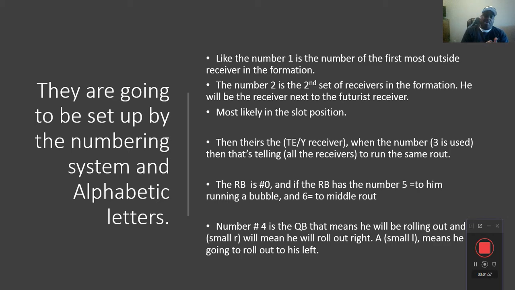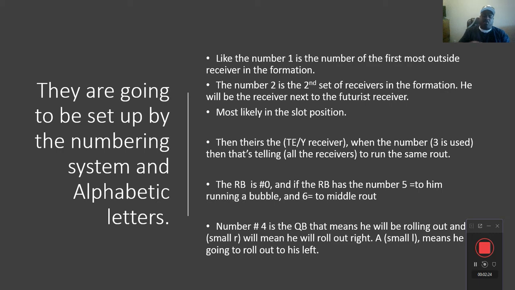Okay. Now on my slide, I have that a number has all of them run the same route, but I kind of changed that up. The running back is going to be 0. He basically doesn't have a number, and just like the quarterback doesn't have a number. If the running back has a number, it will be 5, and 5 will equal him running some type of route, like a bubble route, or number 6 is a middle route.